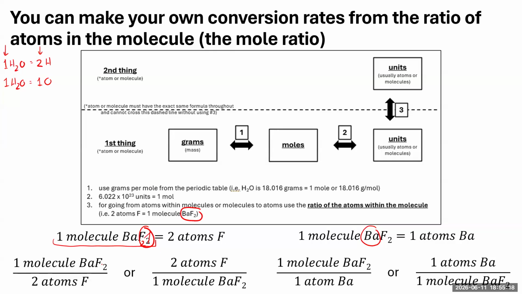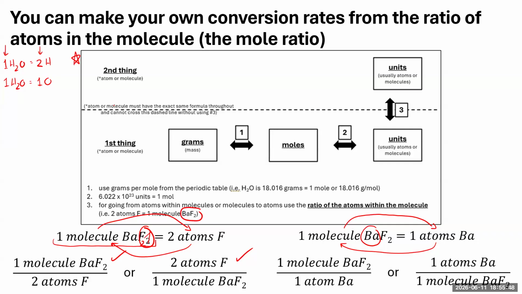This is a fraction that we can use, another fraction we could use. It lets us convert now from molecules of barium fluoride to atoms of barium, or molecules of barium fluoride to atoms of fluorine, or atoms of fluorine to molecules of barium fluoride, or atoms of barium to molecules of barium fluoride, right?